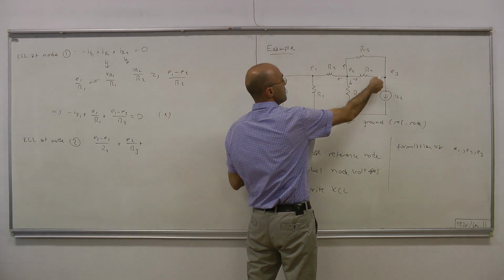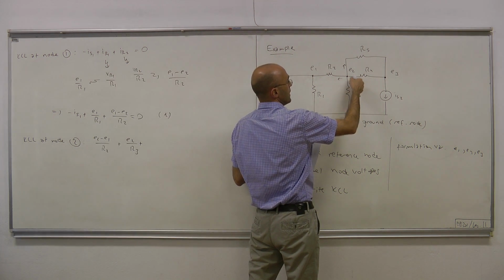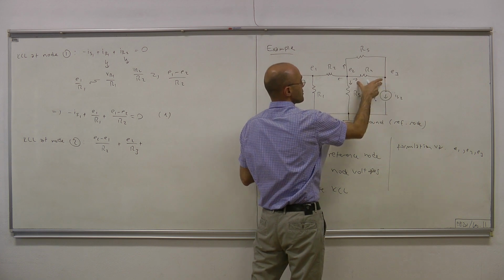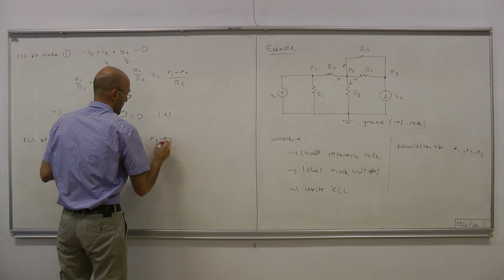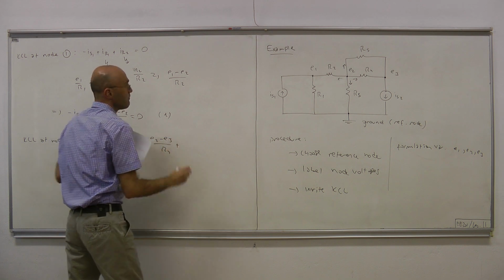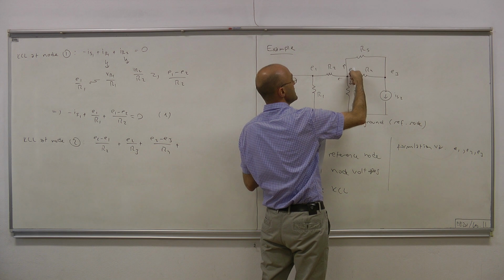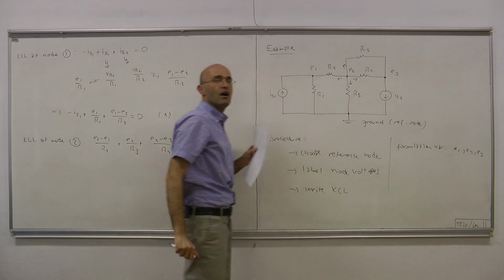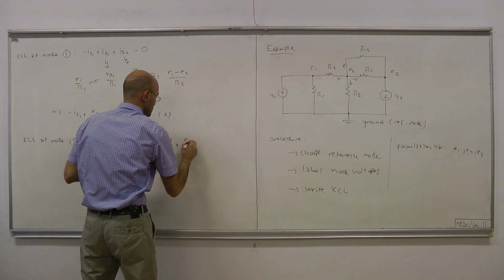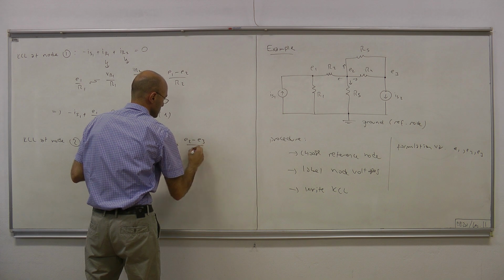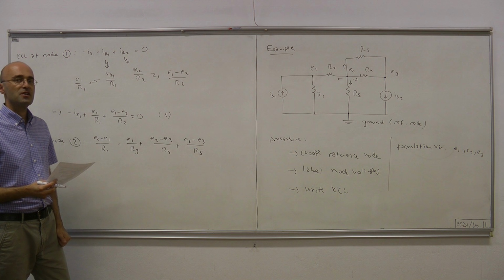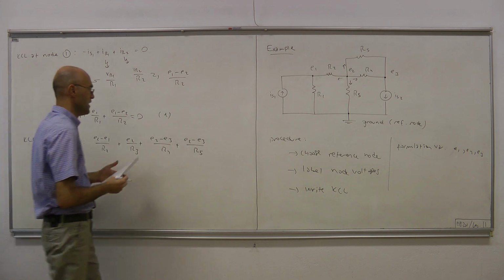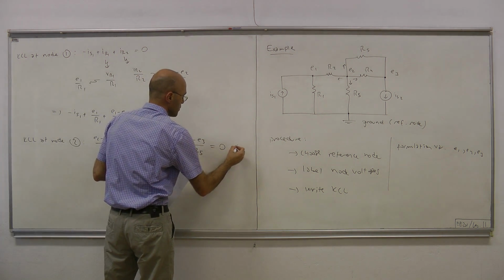Then we have this current, it's E2 minus E3 over R4, and finally this current is E2 minus E3 over R5. So that's all the 4 currents associated with the second node, and by KCL, this sum must equal 0.